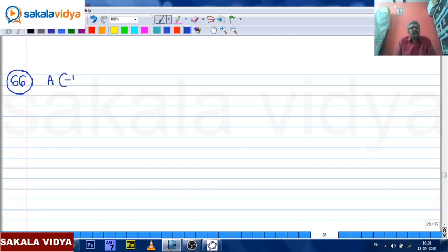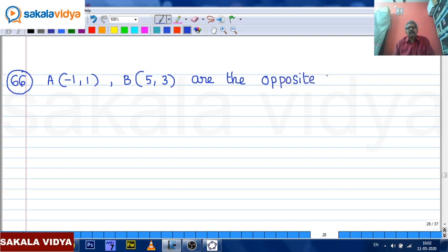A(-1, 1) and B(5, 3) are the opposite vertices of a square.